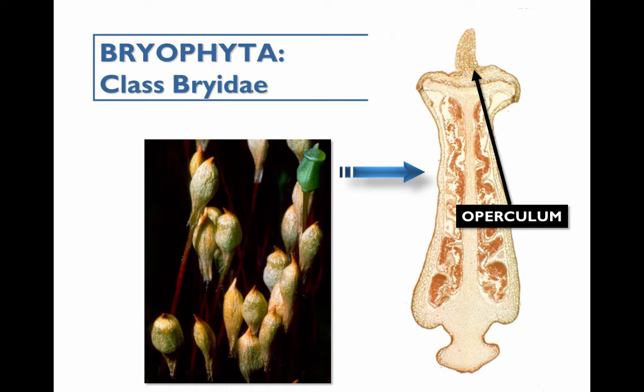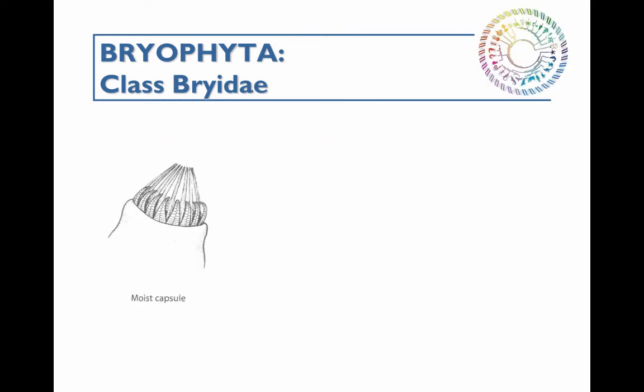So the spores cannot be released until that operculum lid is removed. And the operculum lid will come off when the air is very, very dry. But even after the operculum has been removed, the spores are still not free to leave the sporangium. Because after the operculum lid comes off, the opening at the top of the sporangium is blocked by a series of inwardly pointing teeth.